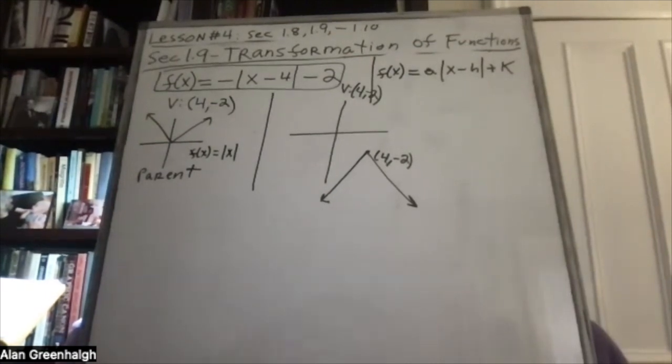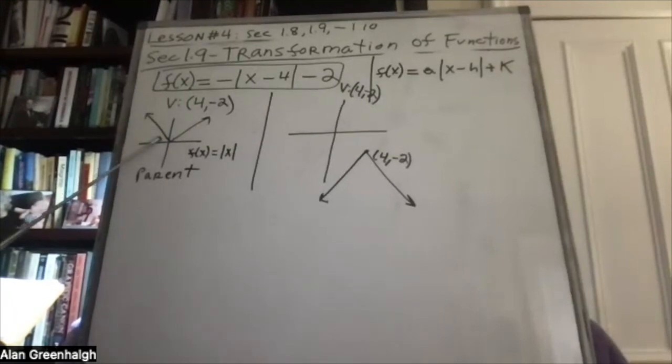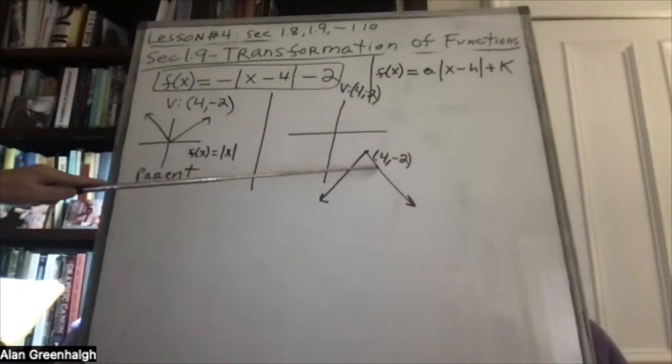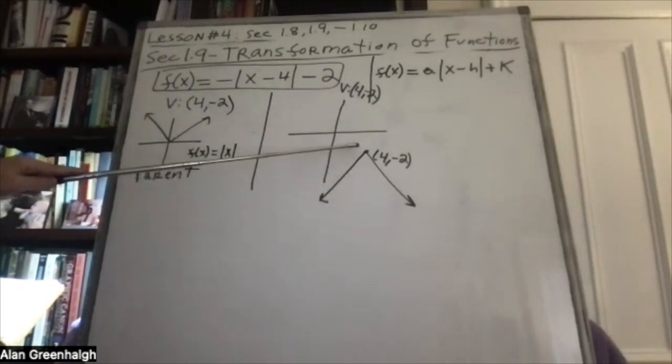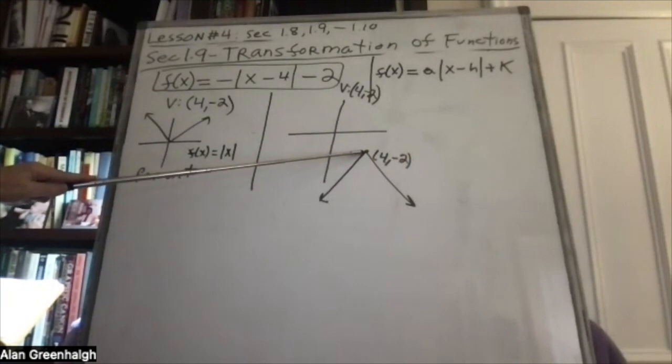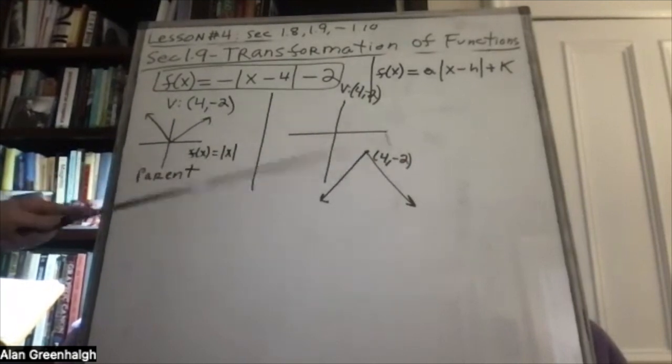We've taken the original function that we spoke about, and we graphed, and we analyzed, and we've now modified it in this manner. We've changed where it starts, which I call the vertex. It's not really called the vertex.